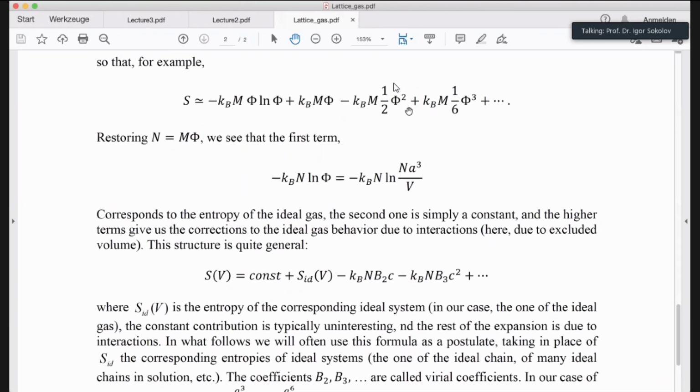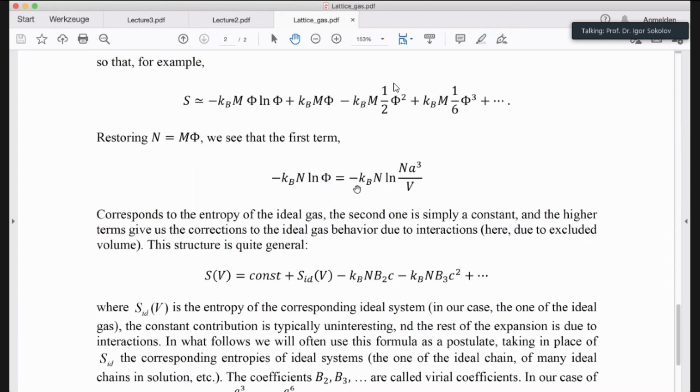Look, if you want, look here. And then translate the thing to concentrations C. Now, this M phi is essentially N. And this term with phi ln phi comes from the second term, from the correction.